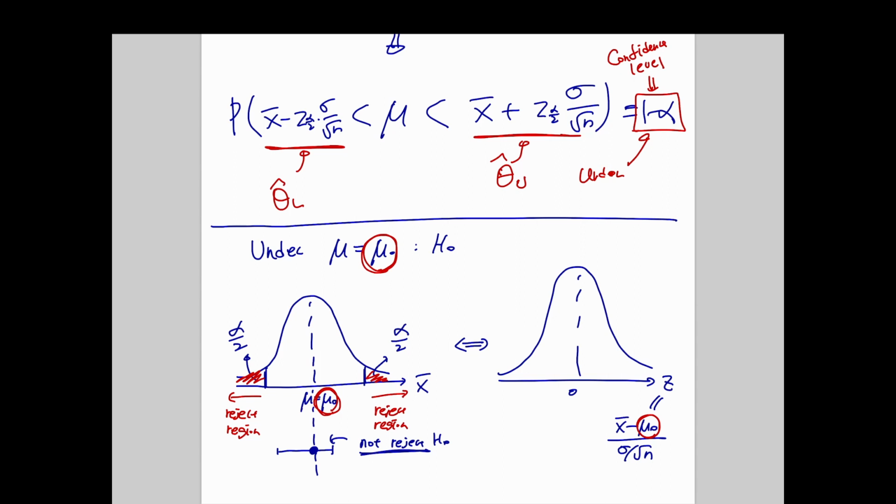Okay. Conversely, if it falls into the reject region, the confidence interval, that is, it does not include the mu 0. So in this case, we reject H0.